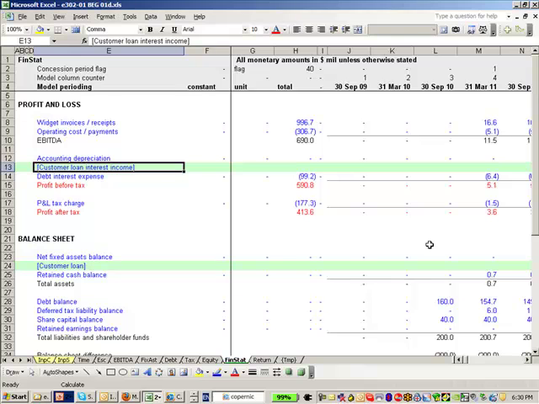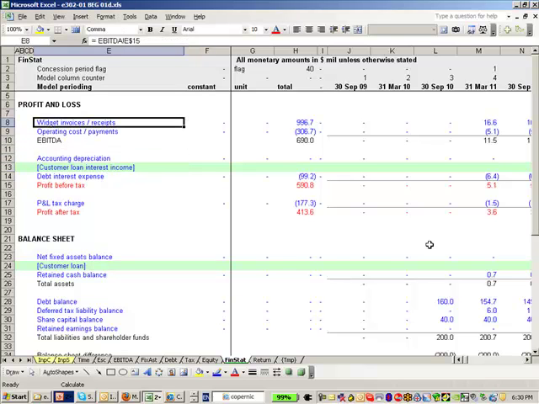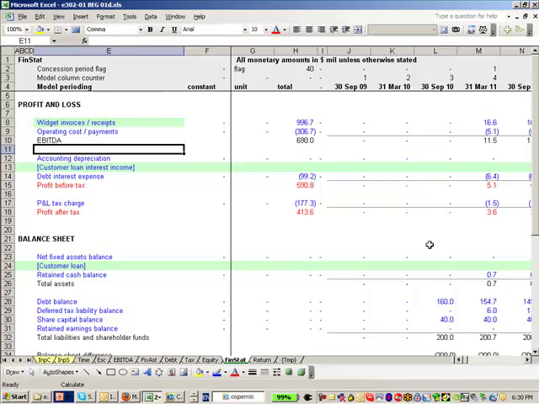Because of this split in the way the income is set up, for now I'm just going to note that the widget invoices themselves are open to question. We're going to come back to that in a few minutes, but for now I want to put an alert in here that we are not necessarily going to book all of those widget invoices, almost certainly not, in fact, as revenue.